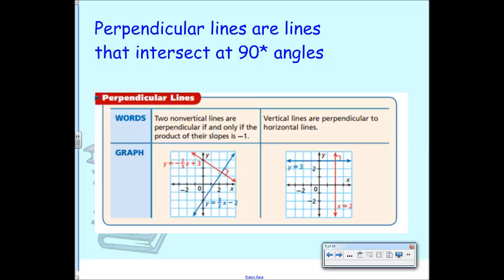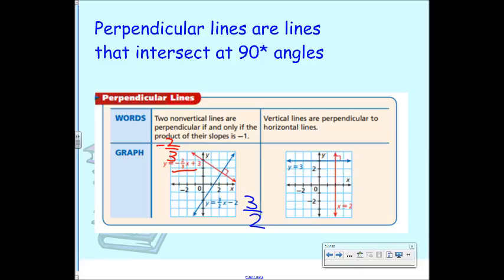What's the slope of this red one? Negative 2 over 3. So the slope of this one is negative 2 over 3. What's the slope of this blue one? 3 over 2. Positive or negative? Do you notice anything about those? They're upside down. They're flipped, and one's negative, one is positive.